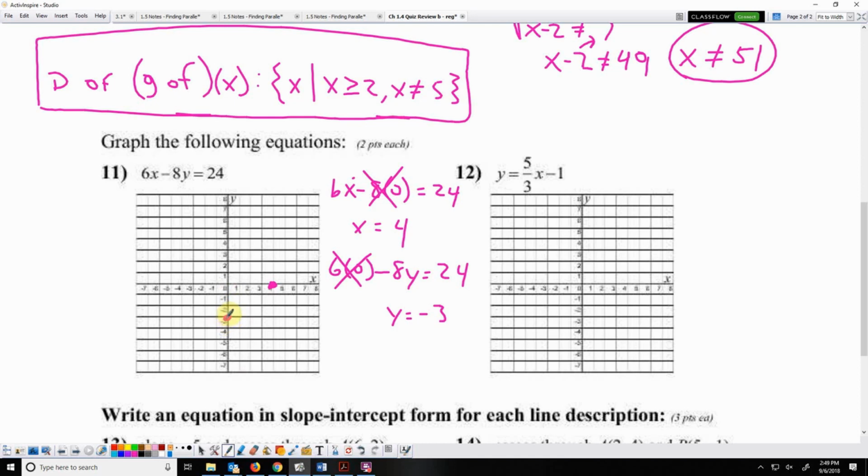So to get from one to the other, it's up 3 and right 4. So I'm going to put more points on there to make sure I keep a good slope. And then I'll go down 3 and left 4.